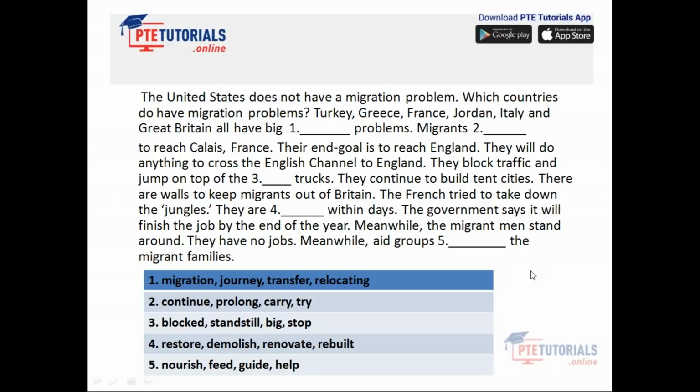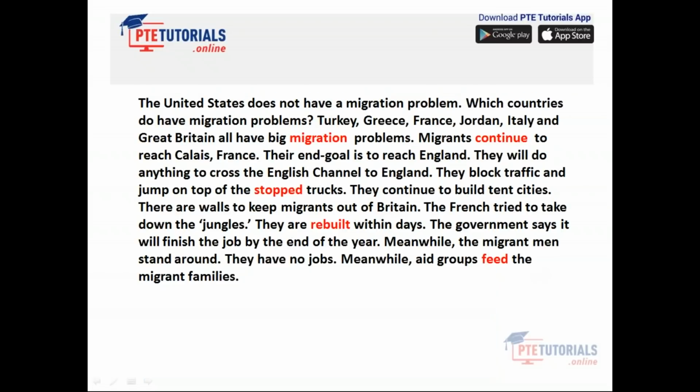Let's check the answers then without wasting much time. It is, they all have big migration problems, because the next word is migrant, so it will be only migration problems. Then I have the next word, migrants continue to reach Calais. With reach, I'll write continue to.